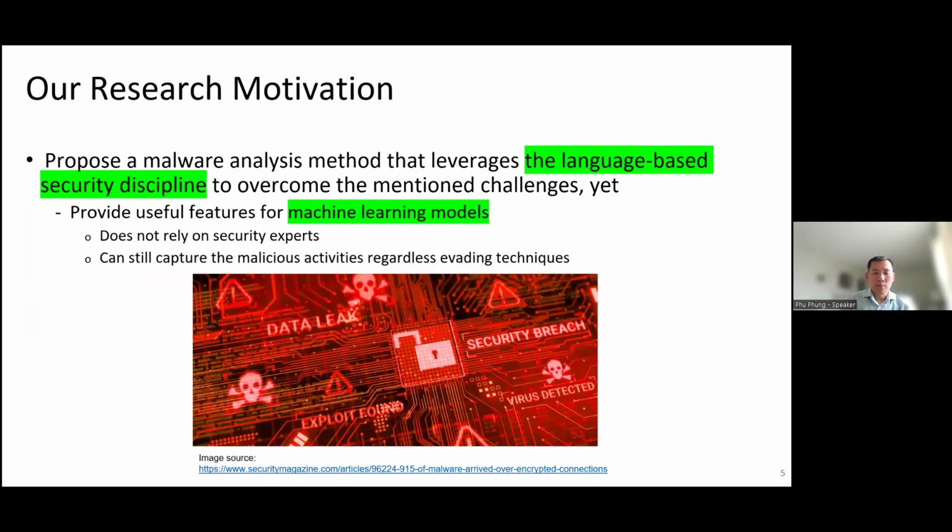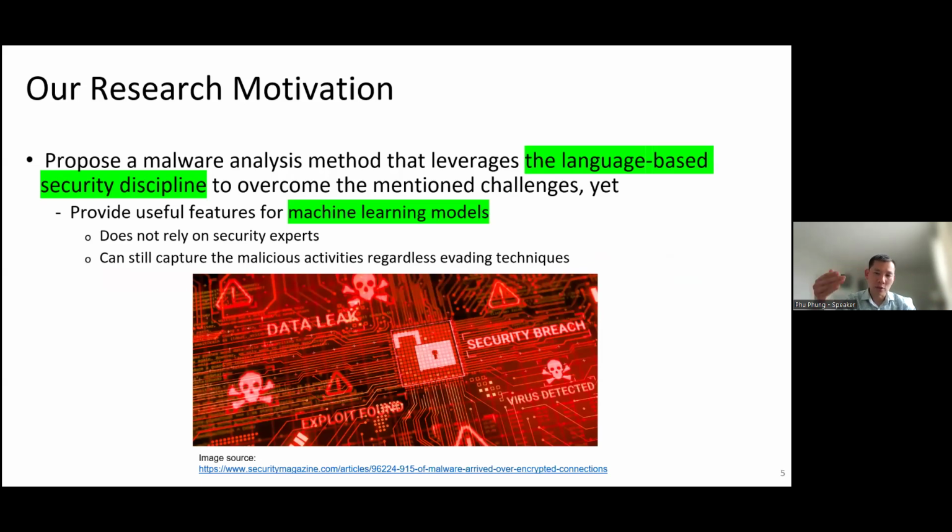The motivation for our research is that we want to provide an analysis method that can overcome this challenge, right? On the other hand, we want to provide as many useful features as possible for the machine learning model.